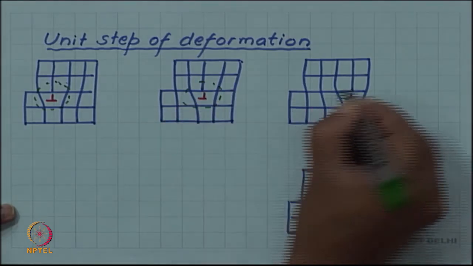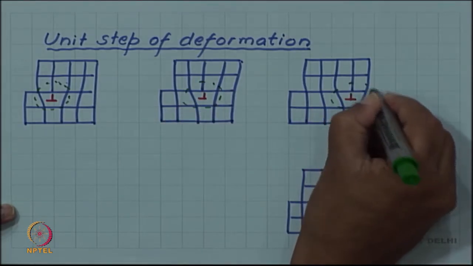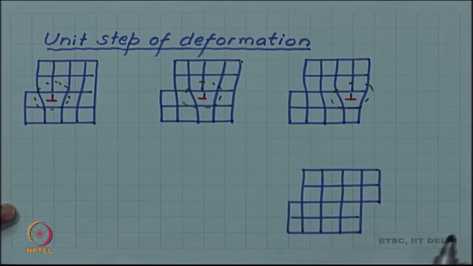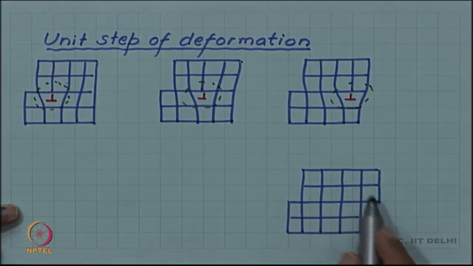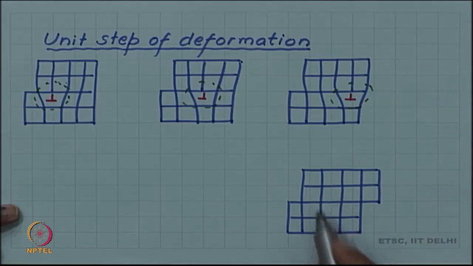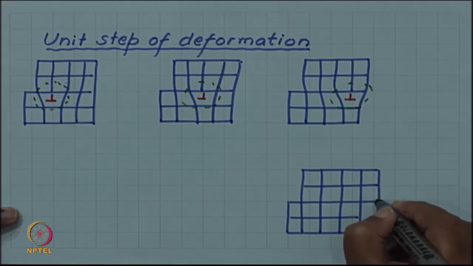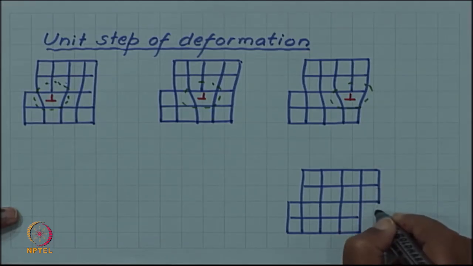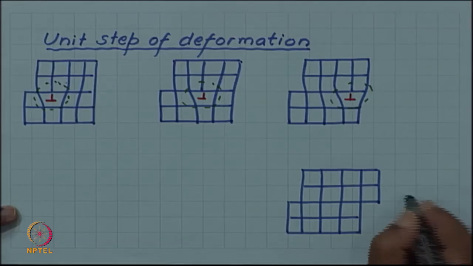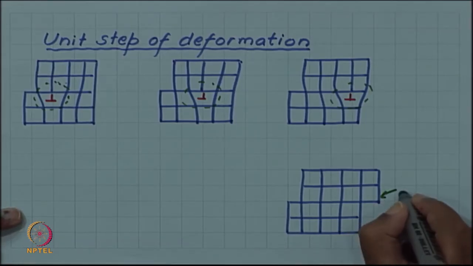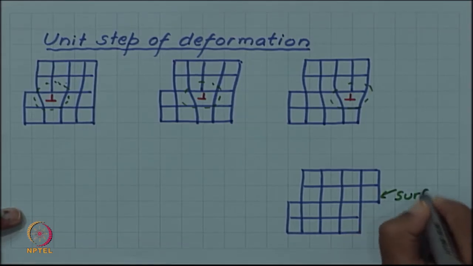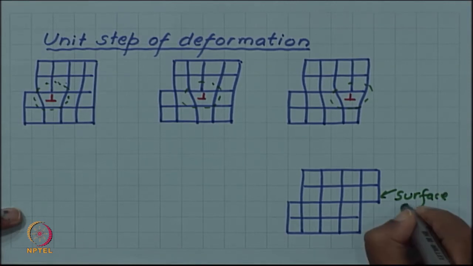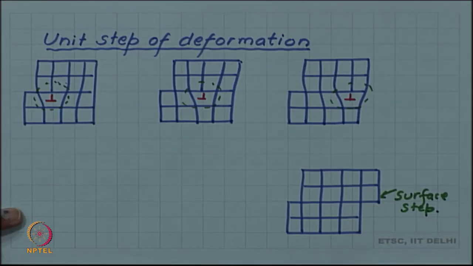The region around the dislocation was disturbed, but once the dislocation comes out and the plastic deformation is complete, then the planes are now straight and there is no deformation. So, this will not be considered as a half plane and a dislocation. This is just a surface step. This is not a dislocation.